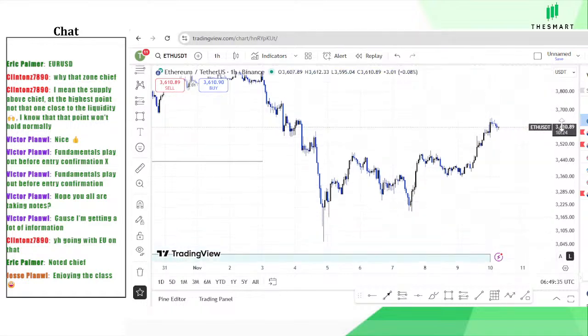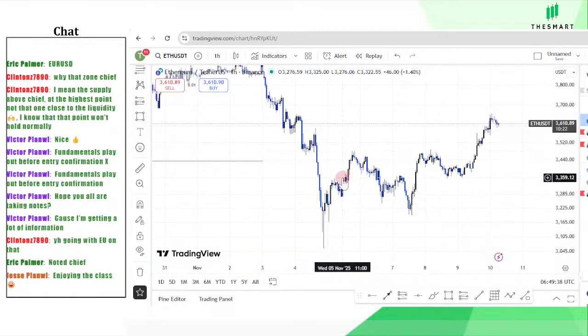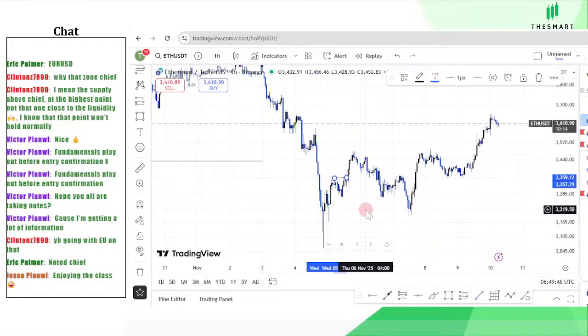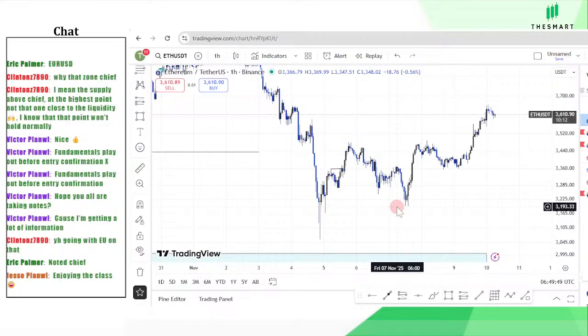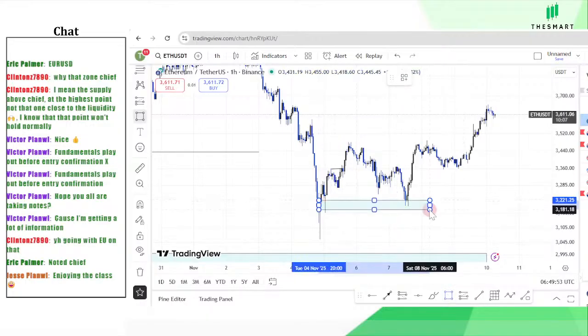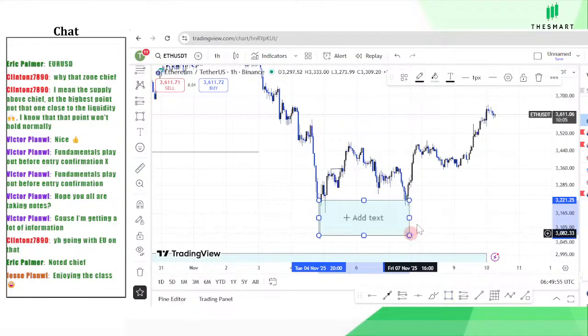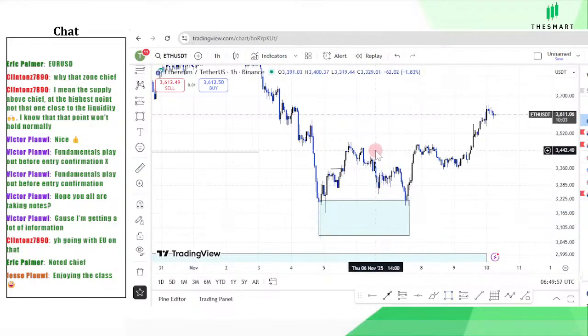All right. So from this price action, we have a shift in price, telling us that price wants to start buying, and price came back to mitigate the order block and continued to the upside.